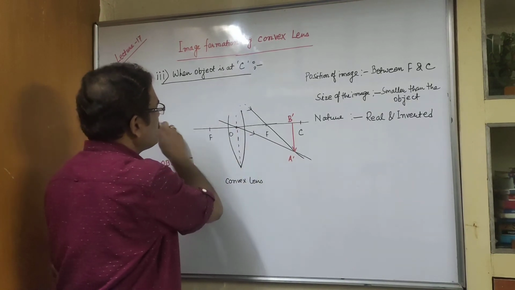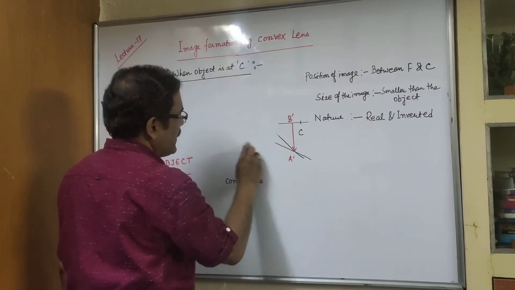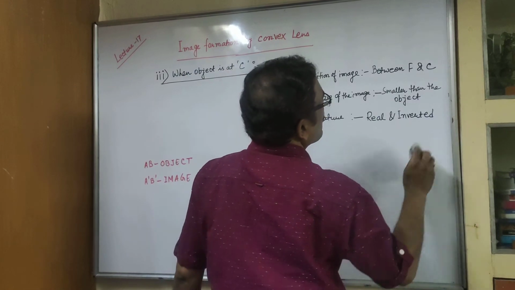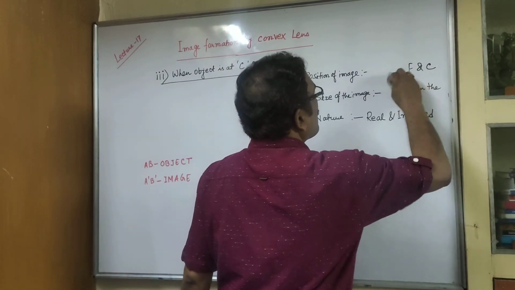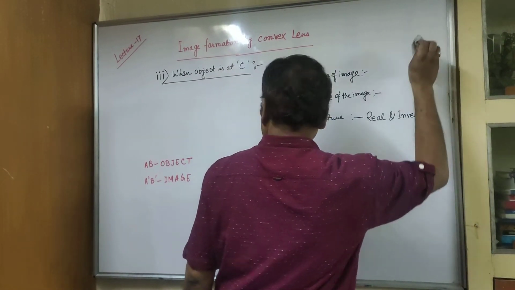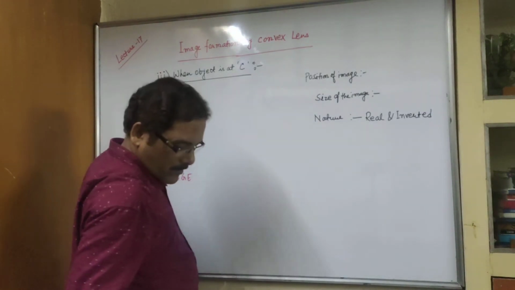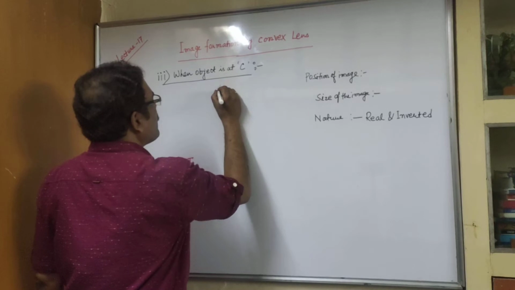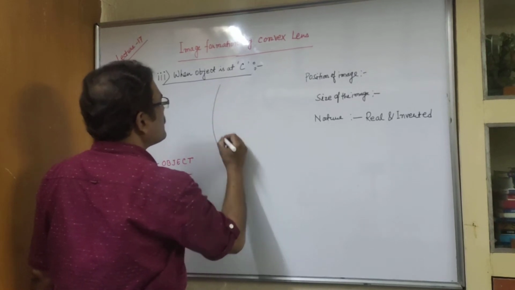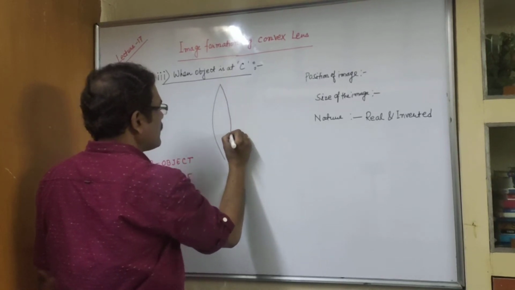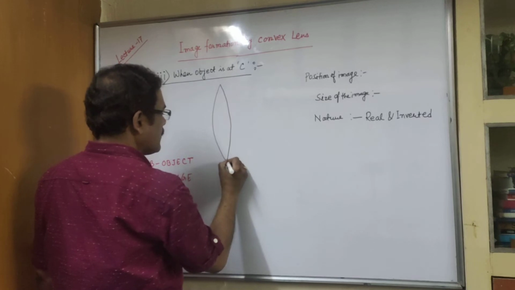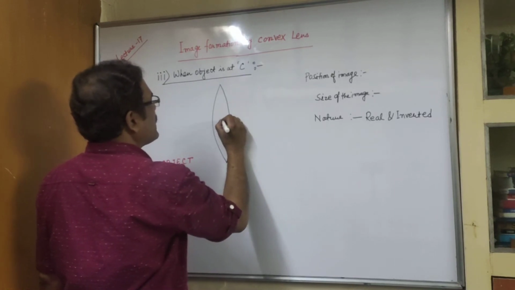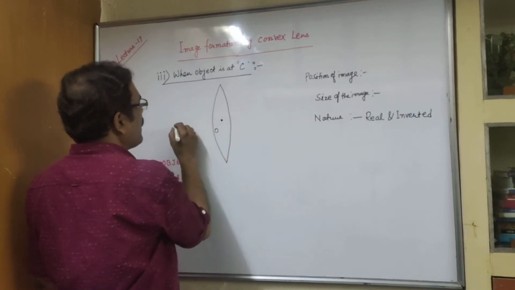Again you have to draw a convex lens. So draw a convex lens. Mark a point O at the center of the lens again.